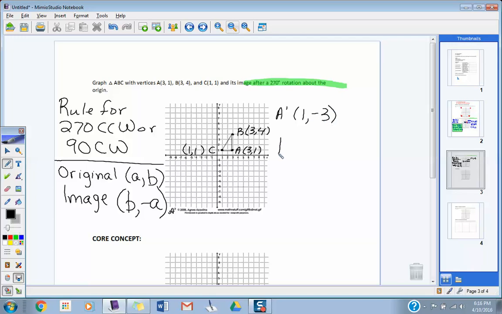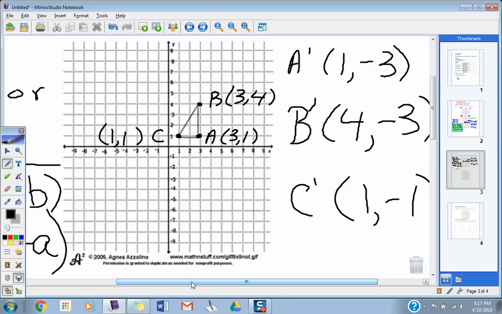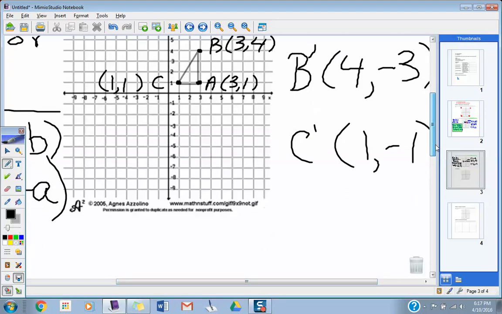B prime will be the following. Switching the order would make that 4 comma 3, and then negating the second sign makes that 4 comma negative 3. And then finally C prime, 1 and 1 will switch to be the same, but I want to switch that sign to 1, negative 1. So I've got that, and we'll see what this looks like for a rotation of 270 degrees.